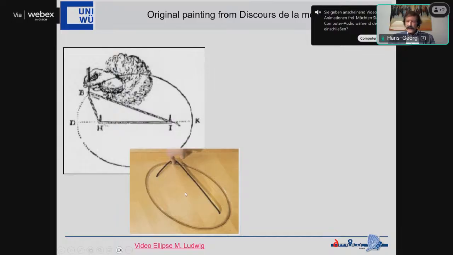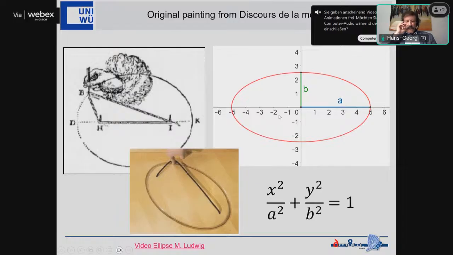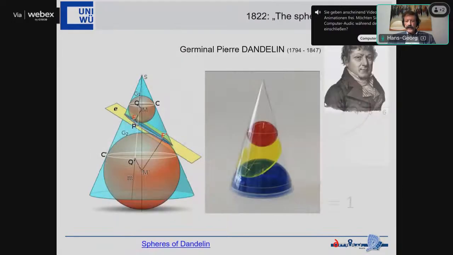It's exactly the same construction of an ellipse. Here I only give the equation of an ellipse. You see, if you have A equals B, then you have a circle. Otherwise, you have this ellipse with these two distances A and B here. We come back to this.